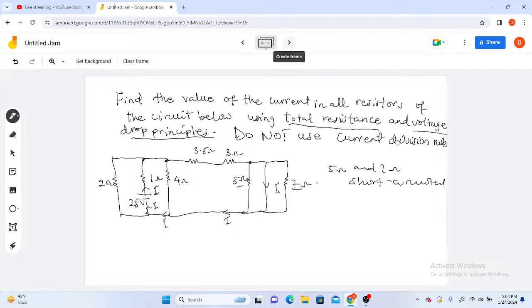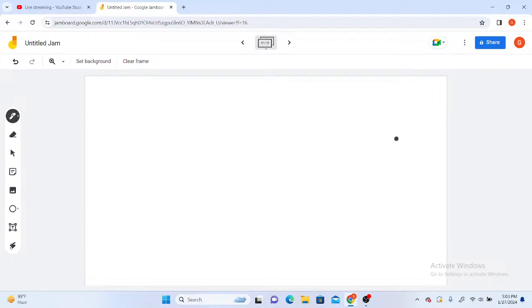And this tells us that we need to draw the effective circuit. To draw the effective circuit, we need to omit all the resistors which have been short-circuited. So please watch closely. I'll have this resistor here, this one here, then this one here, then the short circuit will come directly back.